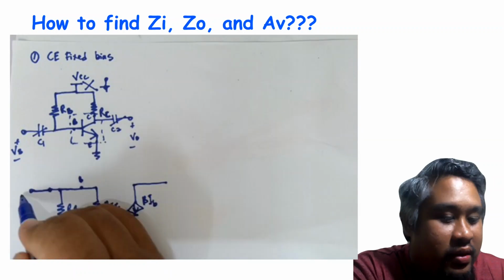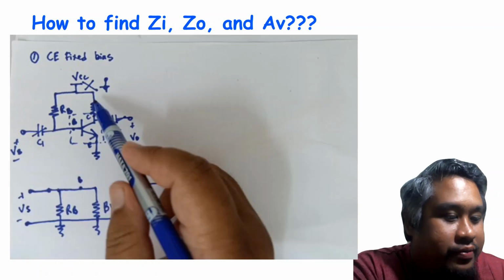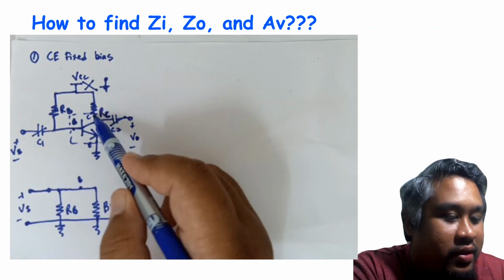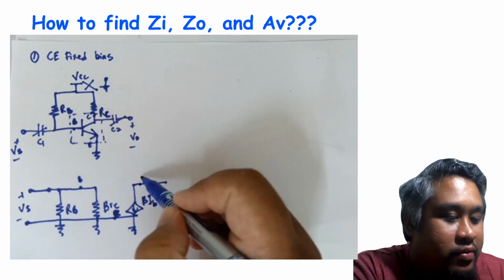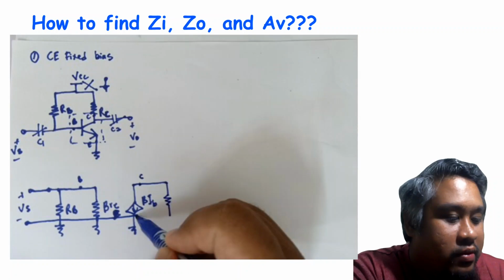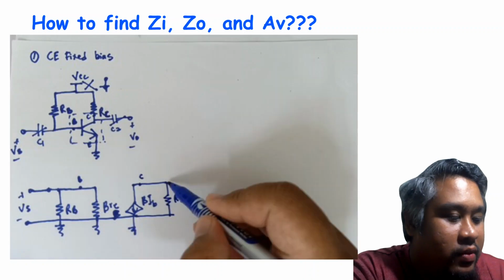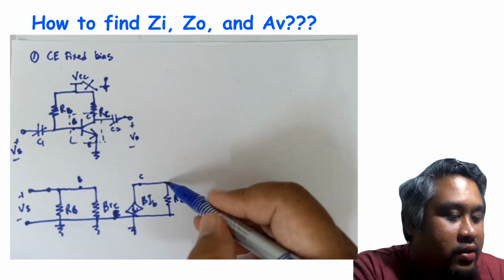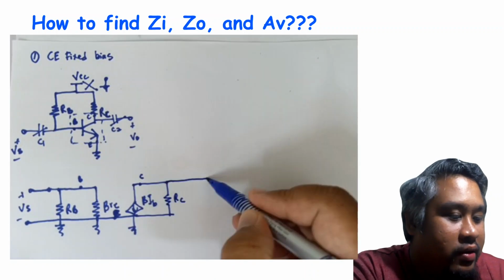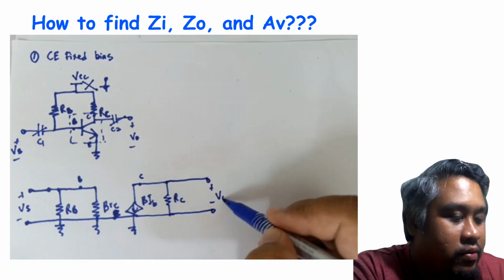Just put the VS here. Then we have RC here, connected with the collector, and then C2, which we replace with a short circuit and connect to Vout. So this is our re model.